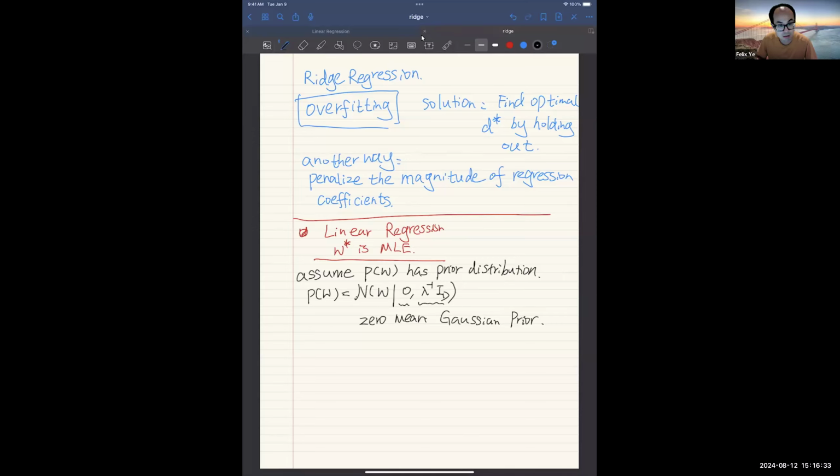If we do that, we have the negative log likelihood, and we need to add the contribution of the prior.